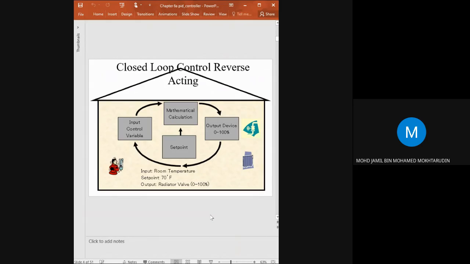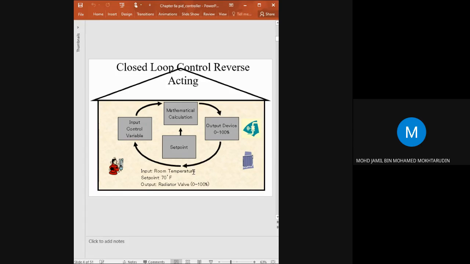But for a closed loop system, the same example, let's say an air conditioner. If you have an air conditioner that has a sensor that can measure the room temperature, then it will tell the system that the room has already cooled to less than 24 degrees Celsius, maybe 23. So please stop cooling the room.